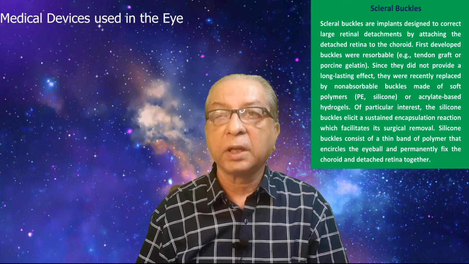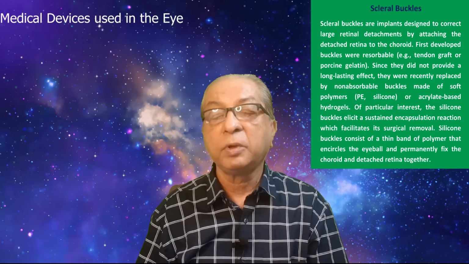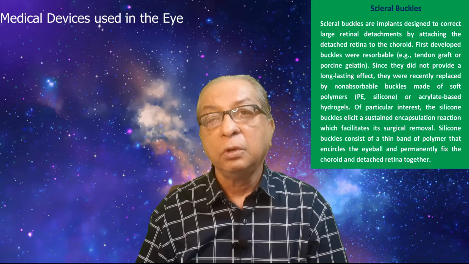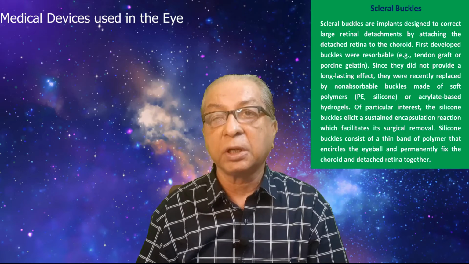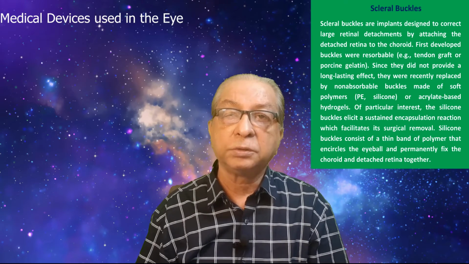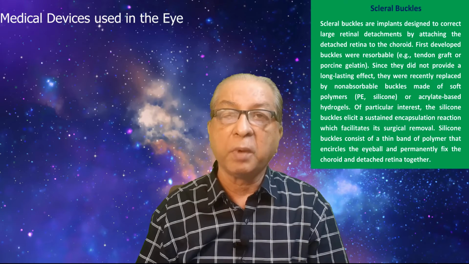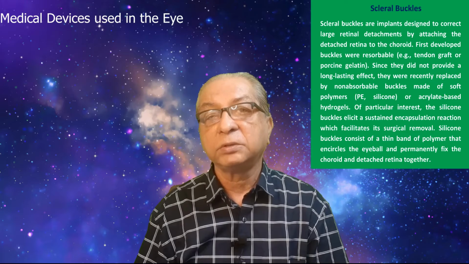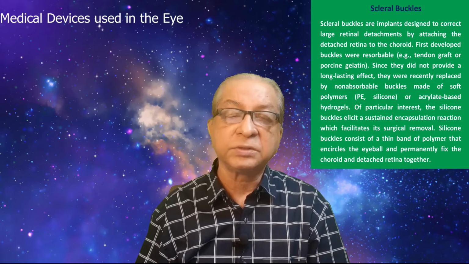Permanent buckles are there. Absorbable buckles have come up, because if you do scleral buckling and the sclera is going to retain the position and stay there on its own as the tissues get the binding, then the permanent buckling is not necessary.